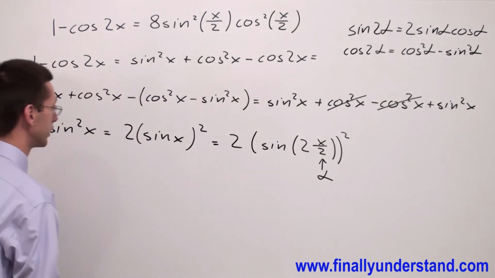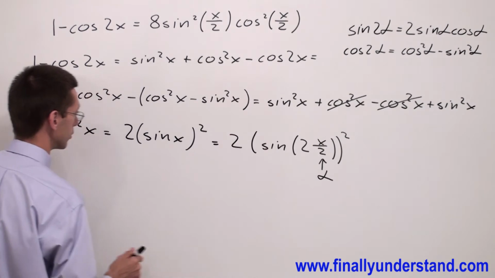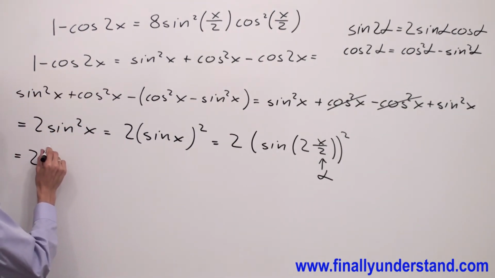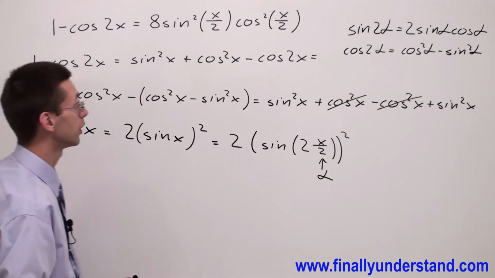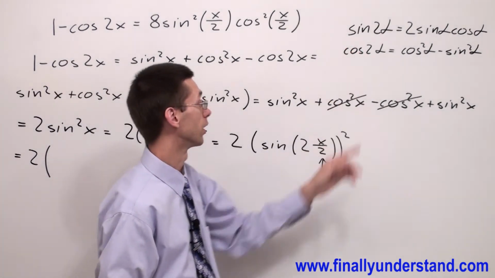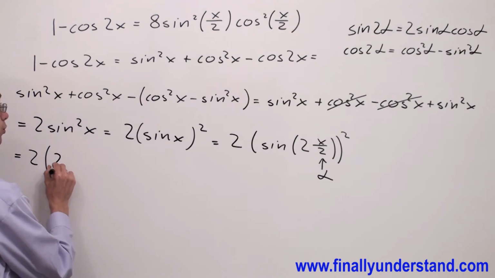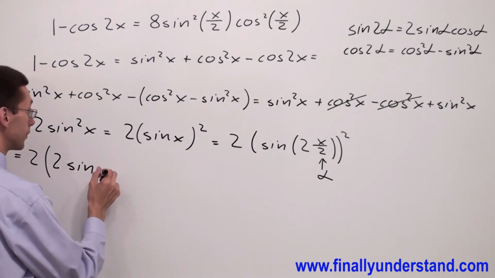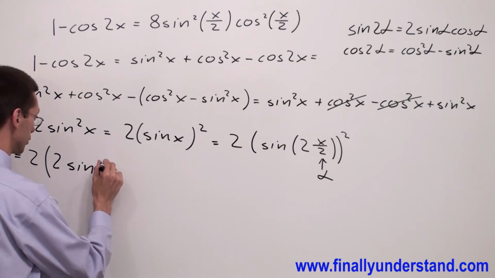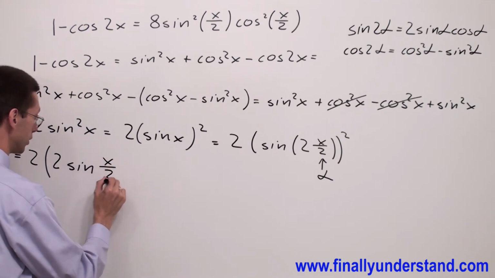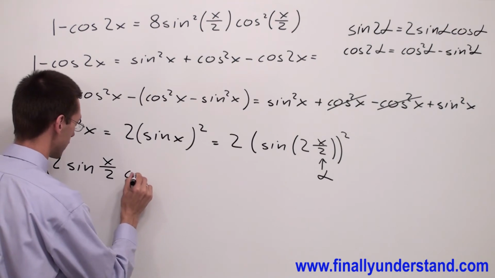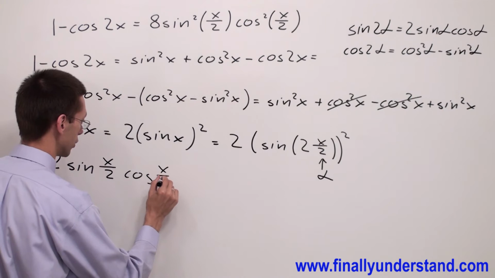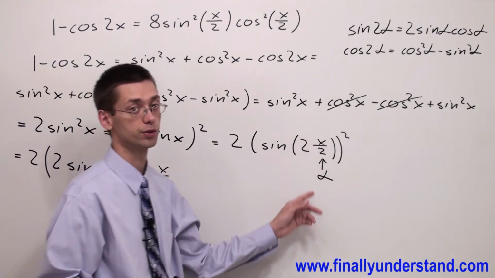What we're supposed to do next, we're supposed to rewrite this one more time, and we're going to have 2 open parentheses, and we're supposed to apply this formula. We're going to have 2 sine x over 2 times cosine, and also I have x over 2 because x over 2 is my alpha.